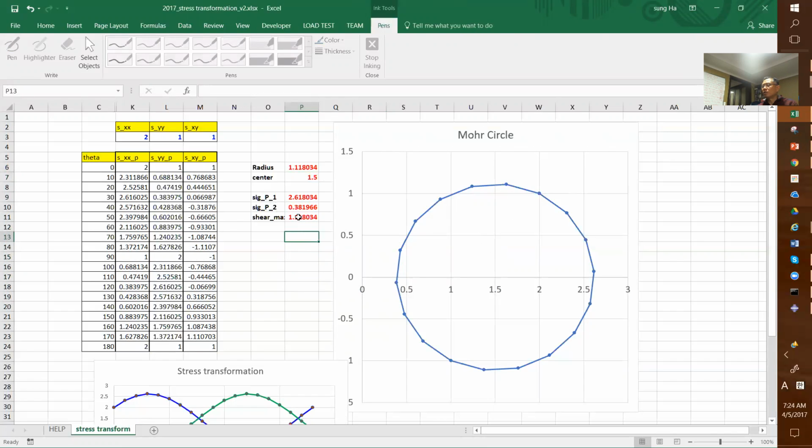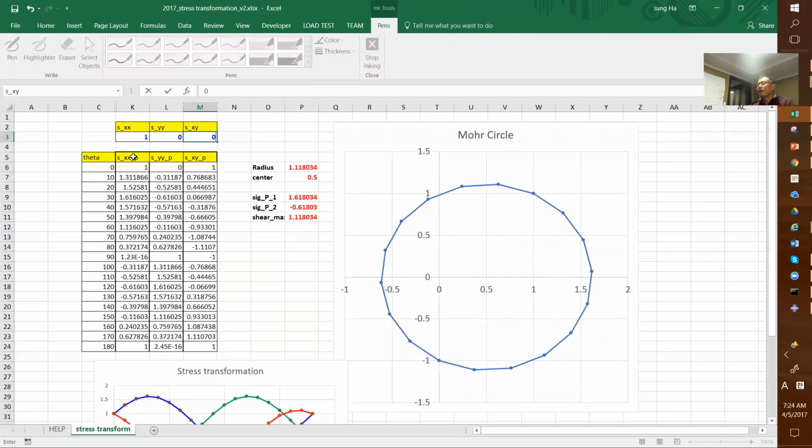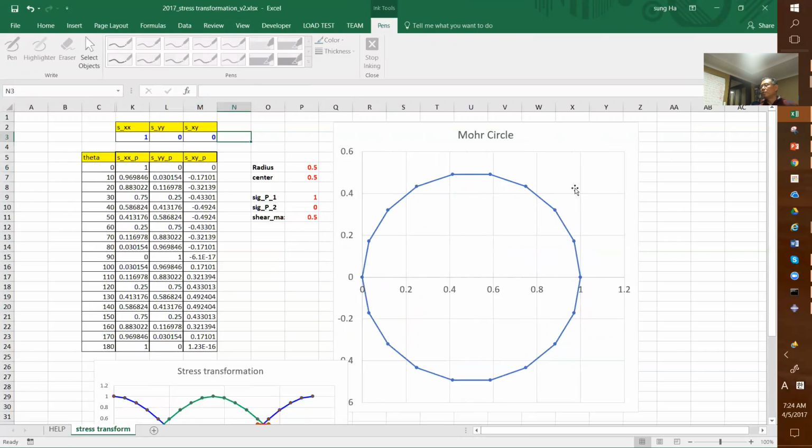Please, you can also download this Excel file, and there's a shear maximum which is the same as the radius. Now you can enter this value, say 1, 0, 0, and you can see that this is the x, and that is the y, and you can draw, and this is a Mohr circle, with radius and center.